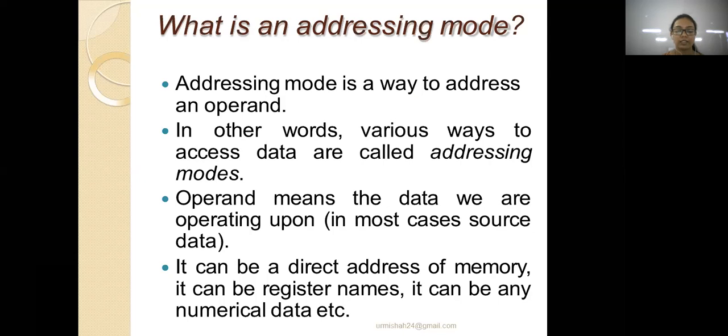So whatever data is saved at the 40H address will be moved to the accumulator register. So your operand can be in the form of a direct address, register name, or numerical data. Operand is the data on which we are performing the operation.